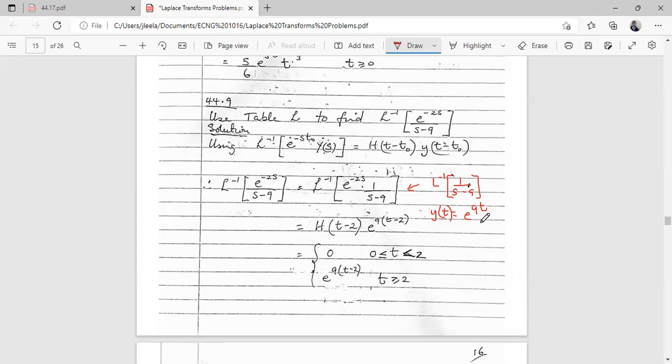So according to the rule here, when you find the Laplace inverse of e to the minus s t naught Y(s), if your y(t) is e to the 9t, your y(t minus t naught) would be what? Where t is here, replace it by t minus t naught.